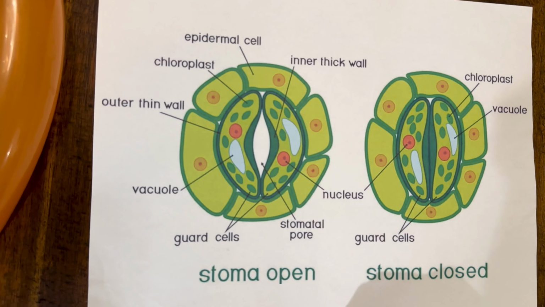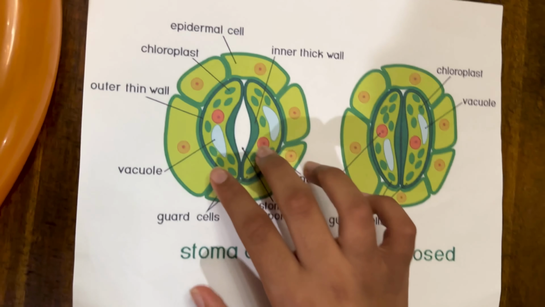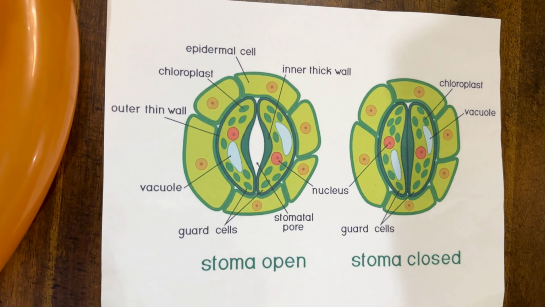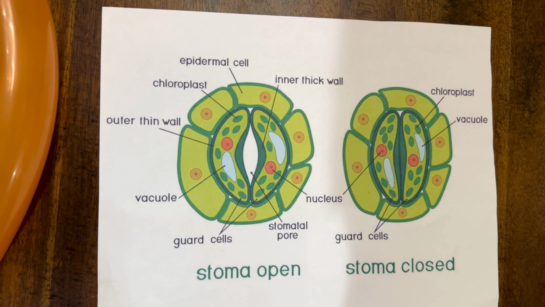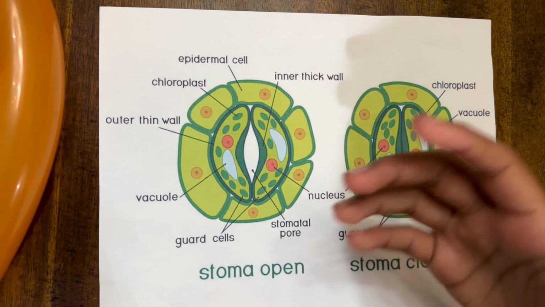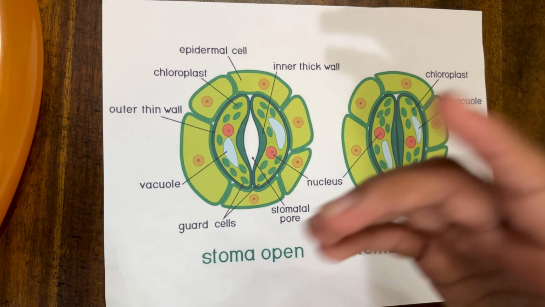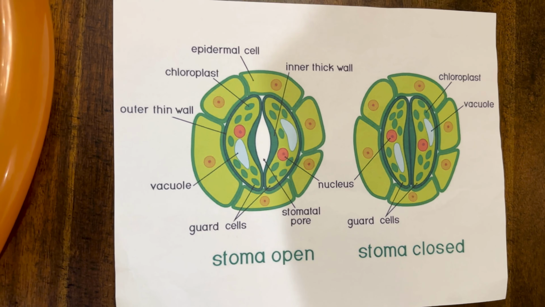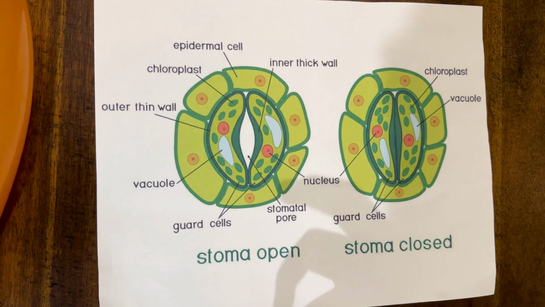So that's basically what the guard cell is made up of. And one extra is that we have the chloroplast, which the animal cell doesn't have. If you don't know what the chloroplast is, it contains a chemical called chlorophyll, which allows it to absorb sunlight and gives the leaf that green color, or the plant that green color.